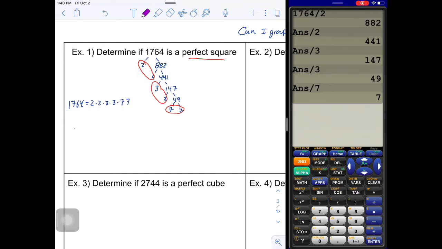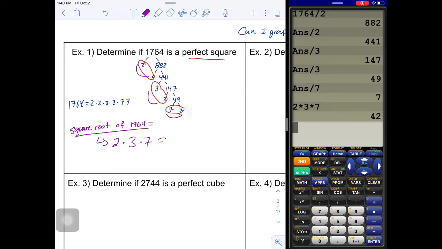So my square root of 1764 is going to be one 2 times one 3 times one of these 7's. So 2 times 3 times 7 gives me 42.